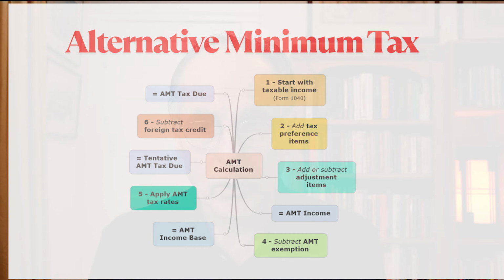If your regular tax exceeds the AMT, then you simply pay the regular tax. If the AMT liability is greater than your regular tax liability, then you pay the AMT tax liability. Or more technically, you pay the regular tax liability plus that excess AMT amount.